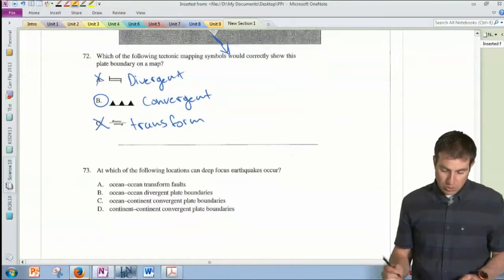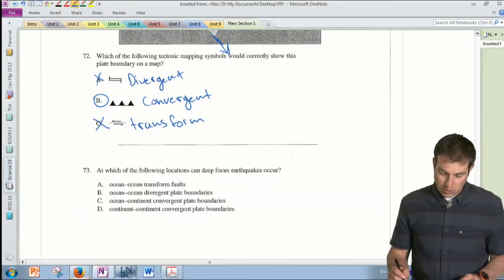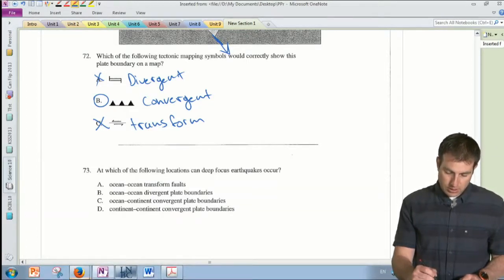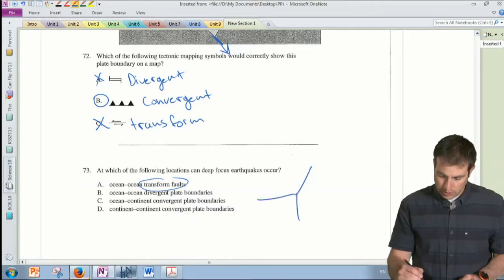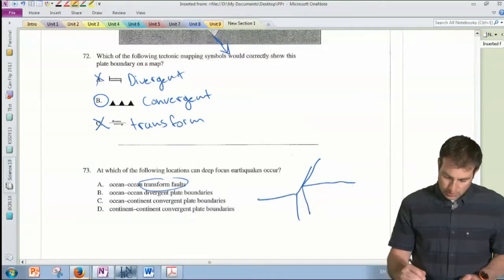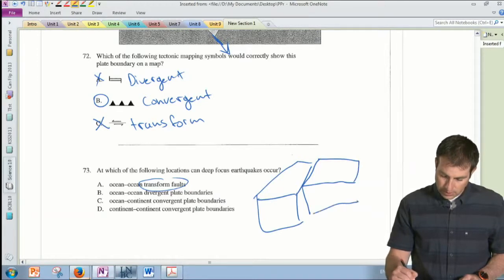That was fun. Which of the following locations can deep focus earthquakes occur? With a transform fault, I'm going to attempt to draw a three-dimensional image here. These are my two plates.